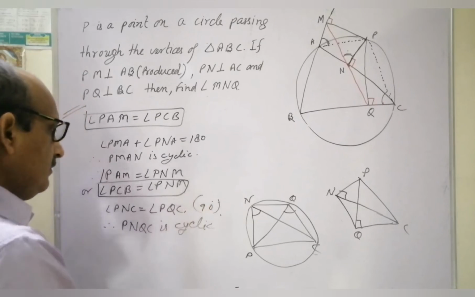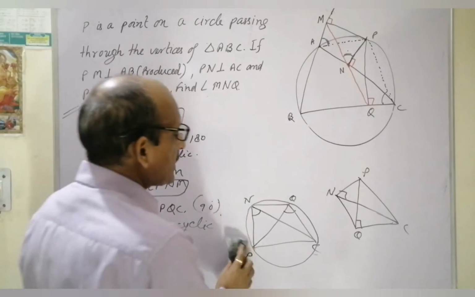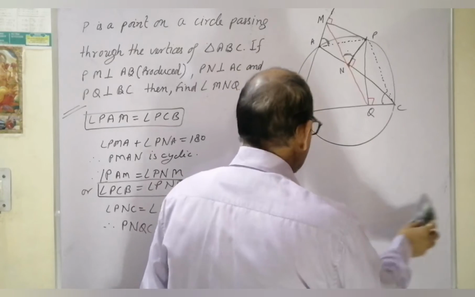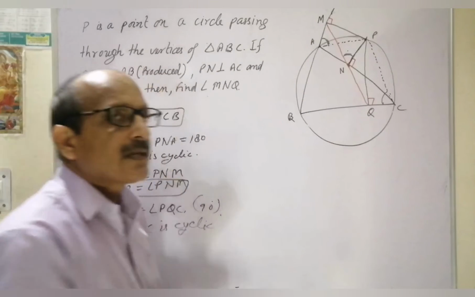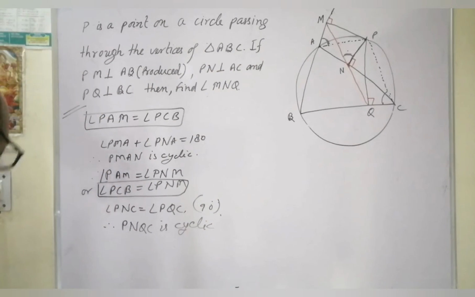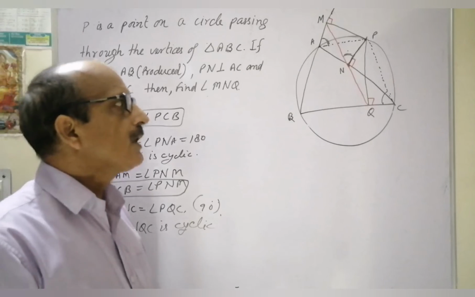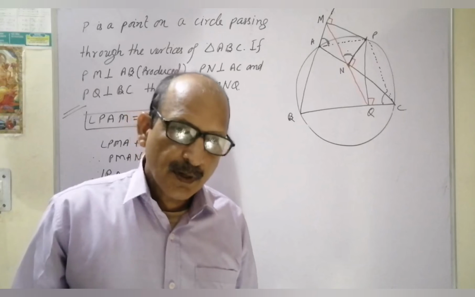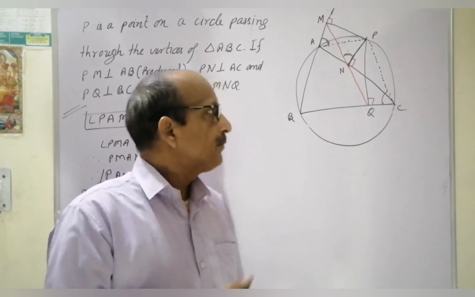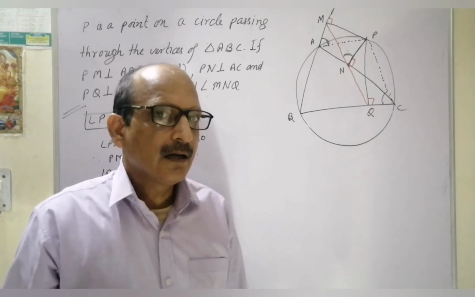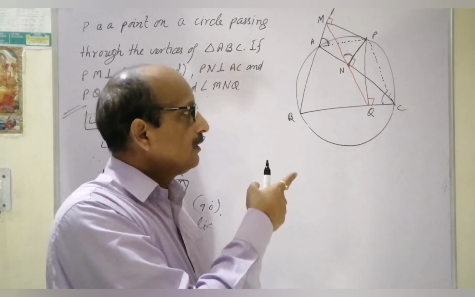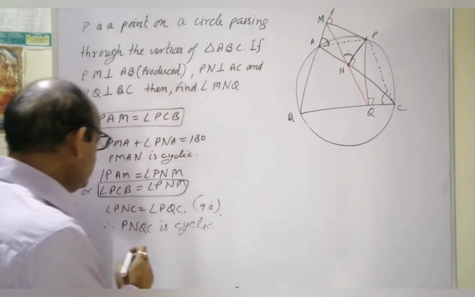When PNQC is cyclic, what can you conclude about the angles PNQ and PCQ? Again supplementary. When PNQC is cyclic, the opposite angles of PNQC will be supplementary.